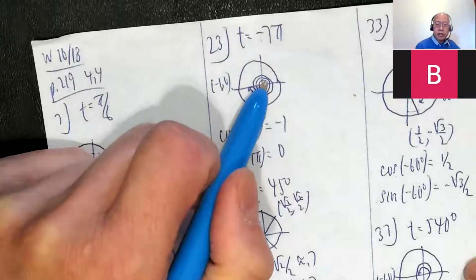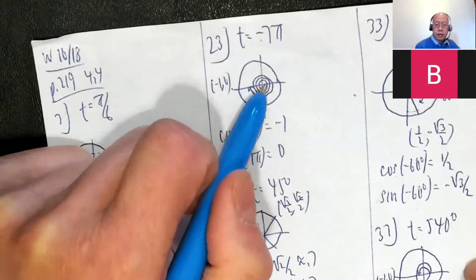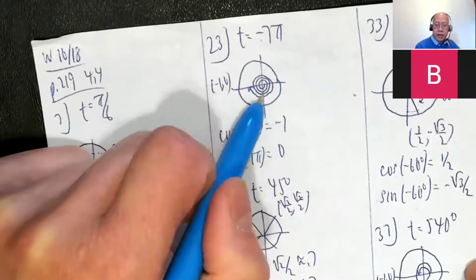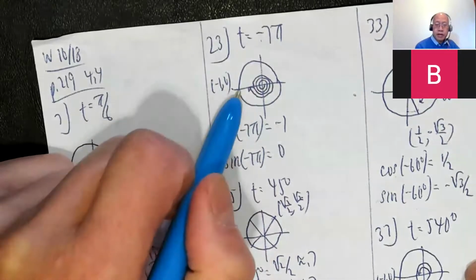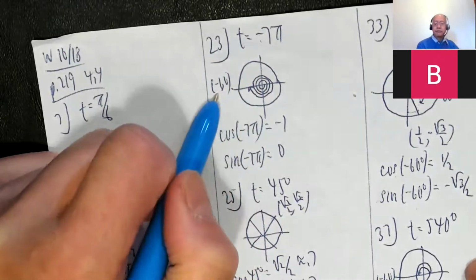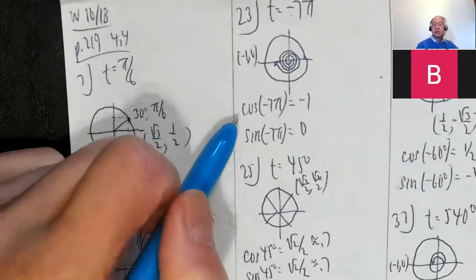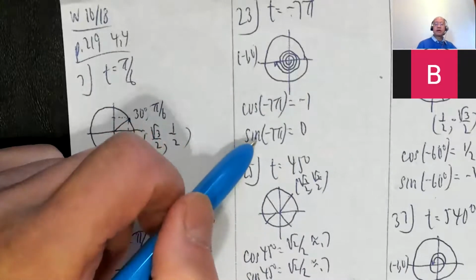That's what these swirls are. Negative once, negative twice, negative thrice, and then up to here. So what is the ordered pair here? Negative 1, 0. That tells me cosine of negative 7 pi is negative 1, and sine of negative 7 pi is 0.